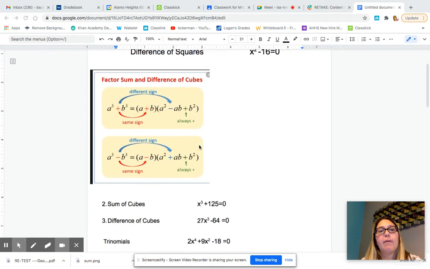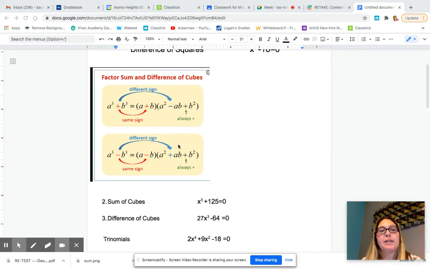We also have factors of sum and difference of cubes. Kind of the same idea here. For the sum, we need to have some sort of number or variable cubed plus some sort of number or variable cubed. Once it's set up in this form, then you just plug in A and B into this formula right here, this rule.